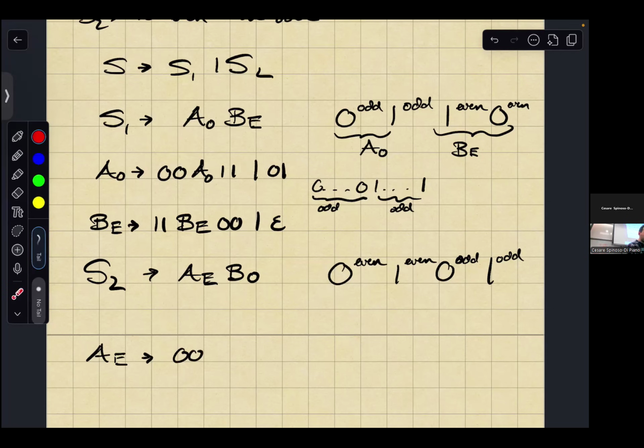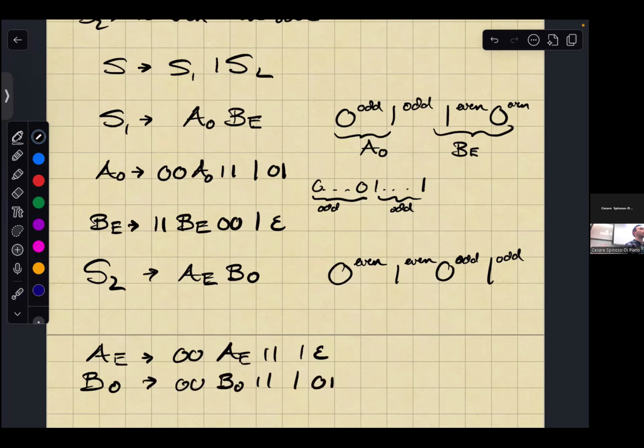It's the same thing as before, except that my base case is going to be the empty string. And then B odd is going to be the same thing, generating pairs of zeros and ones, but the base case is 0 1, because then I have an odd parity.